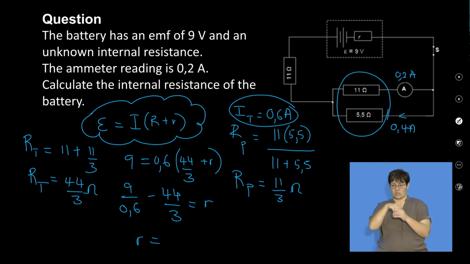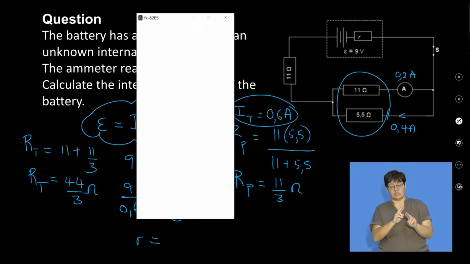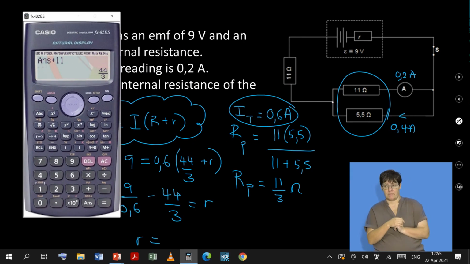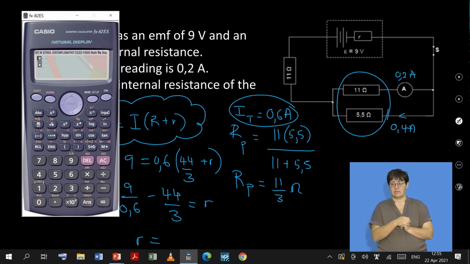So for our internal resistance in this circuit, if we go to our calculator, we've got 9 divided by 0.6, minus another fraction, which is 44 over 3. The reason why we're doing this is so that we only round off at the end.